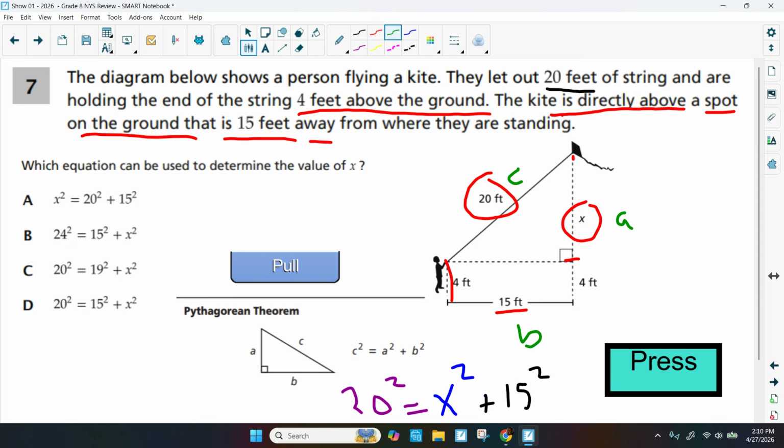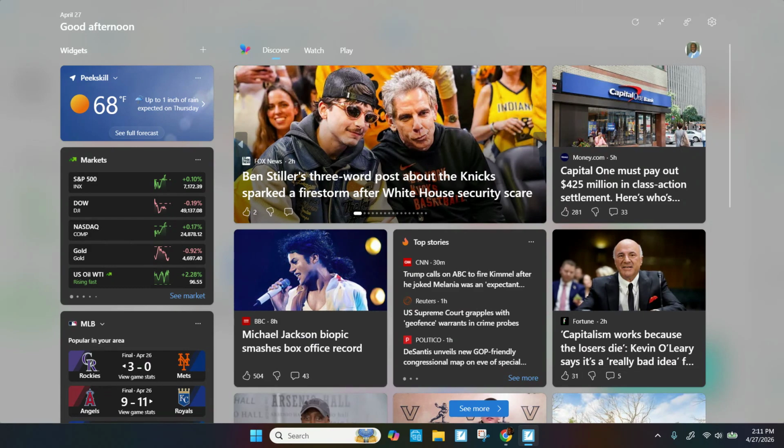So I'm going to go down here, get rid of a, get rid of b, because that doesn't equal 20. So it's either c or d. All right, so I see my x squared is at the end. So where is the b? We replaced that with 15. So I'm going to go with answer D. I keep doing that for some reason.